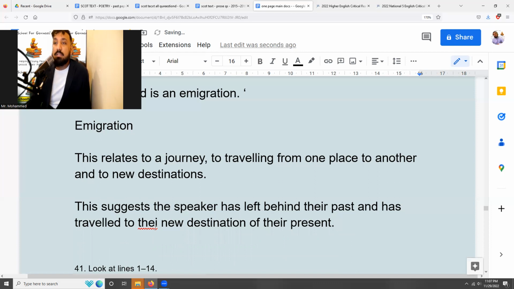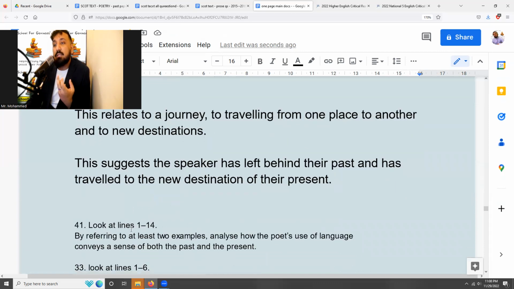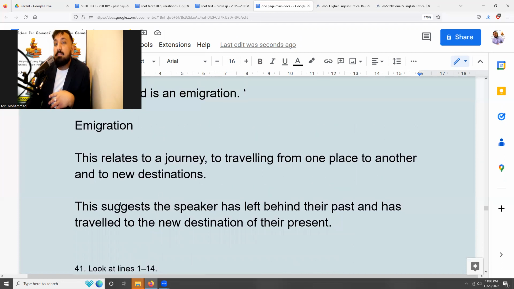Now, all this means, and this is going to be in the video on Originally at the end of the course, is basically that the speaker has gone from where they used to live to where they now live. That's it. This suggests the speaker has left behind their past and has traveled to the new destination of their present.